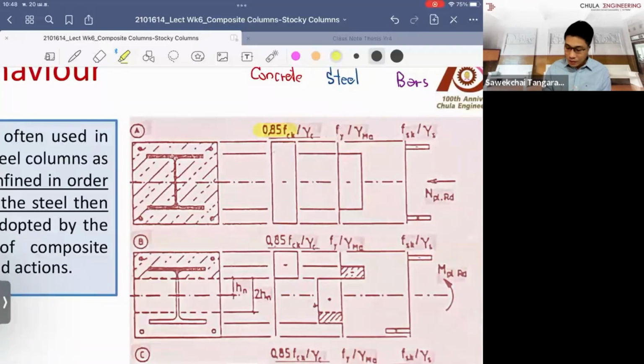For the steel, we allow up to the yield. For the rebar, we allow up to the yield of the rebar. The yield stress in the steel structure and the rebar can be different because normally the rebar is high strength, around 400 MPa. For the steel, you look at around 300 MPa. So that's why we have to split the diagram. We normally don't combine the diagram.